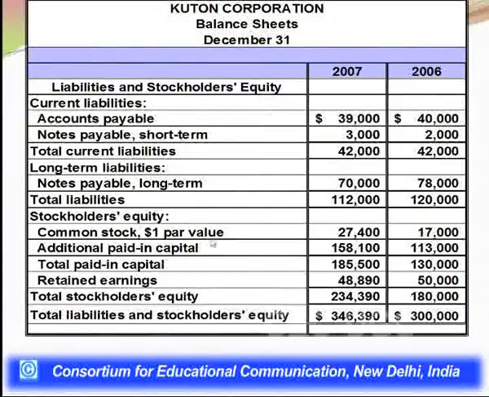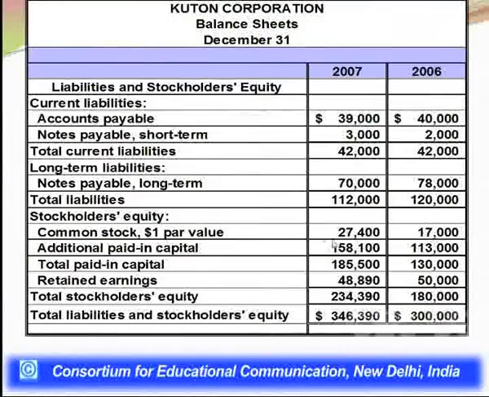Since the par value of the share is $1, the number of shares multiplied by $1 gives you the value in monetary units. So which comes out to be 27,400 and 17,000. Moving forward, next is additional paid in capital, which is 158,100 and 113,000 in 2006.